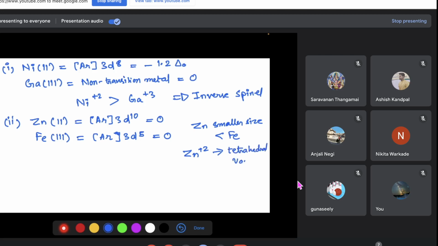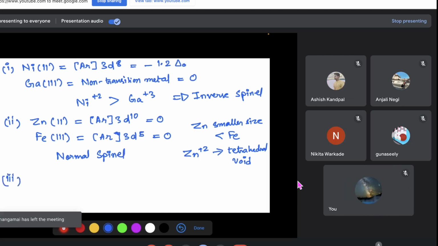and hence it will be a normal spinel. Okay, and third is Fe2+ and chromium 3+.